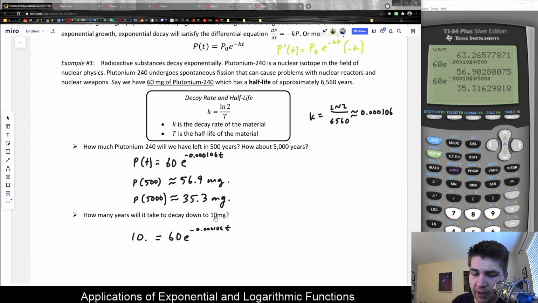And that would, again, to solve this equation, we always need to isolate the exponential function first. So divide by 60, because that's just a normal multiplier, which would leave me with 1/6. And then now I have e to the something. I can always use the natural log to solve an exponential equation. So applying the natural log to both sides, this would be ln of 10 is equal to negative 0.000106 t, because ln is the inverse of e.